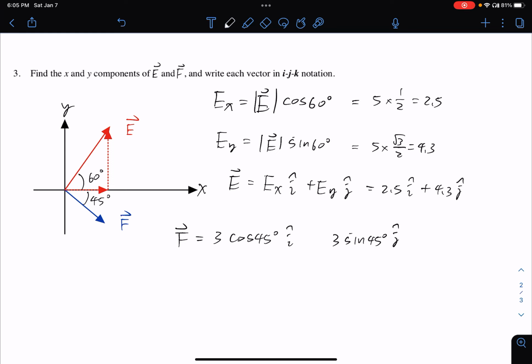But we need to be careful that vector F is pointing downward in the y direction. So we should have a negative sign here to show that the y component of the F vector is negative in y direction.